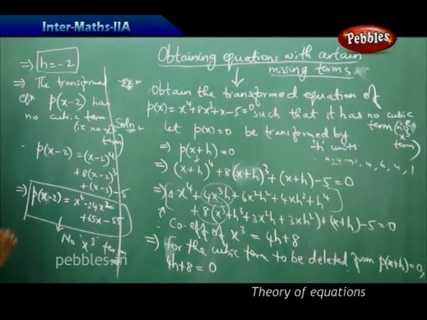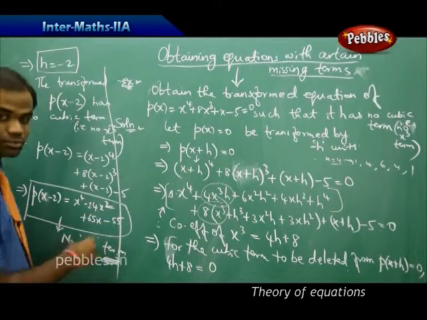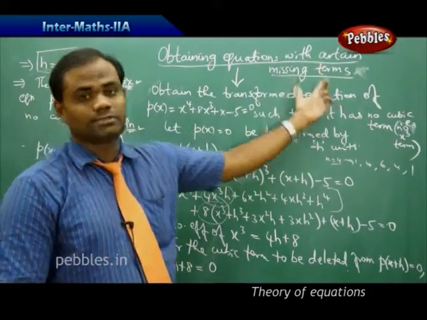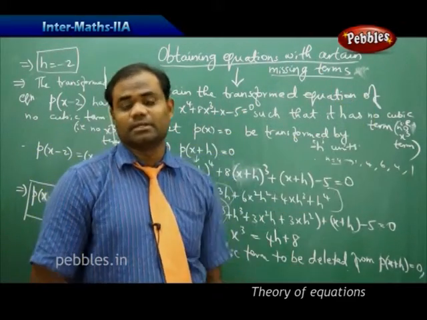As can be clearly seen, it has terms with degree 4, degree 2, degree 1 and 0, but it does not have an x cube term. This is how we understand the concept of obtaining equations with the desired missing terms.